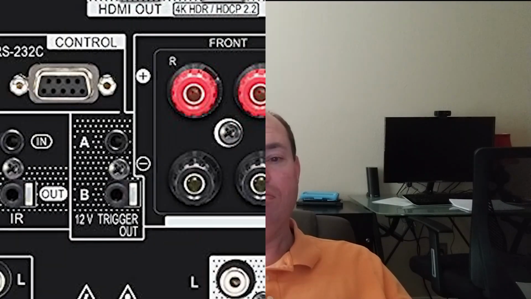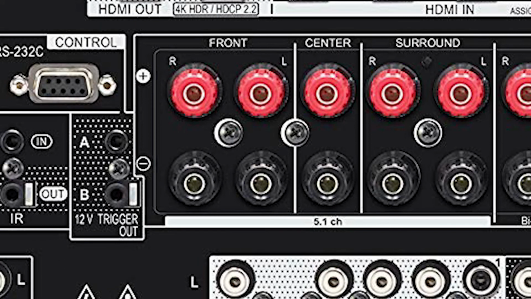So now you have three channels. If you look at the back of a stereo or surround sound receiver, you will see the outputs like in this picture right here. There you can see all the outputs for the left, the right, and the center, and that is where your speakers will plug in.